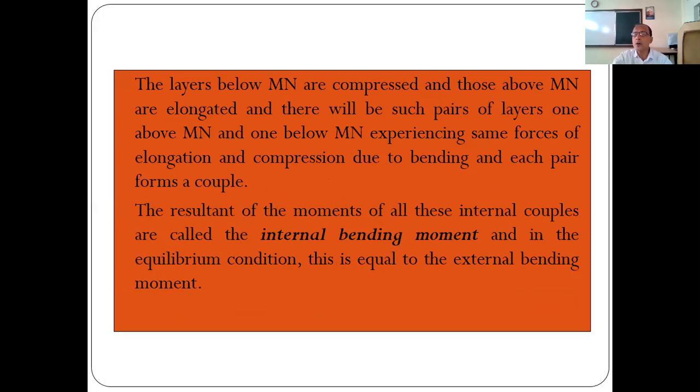The layers below MN are compressed while those above MN get elongated, and there will be such pairs of layers, one above MN and one below MN, experiencing the same forces of elongation and compression.